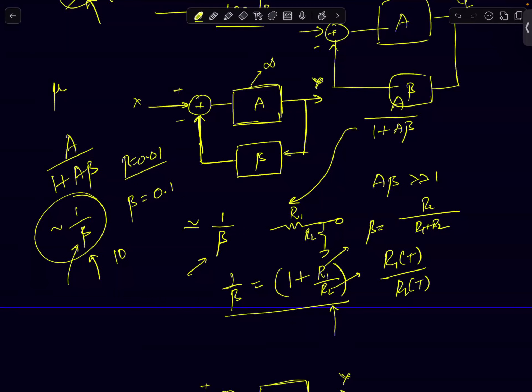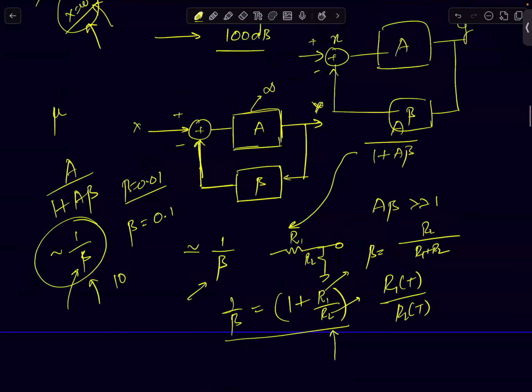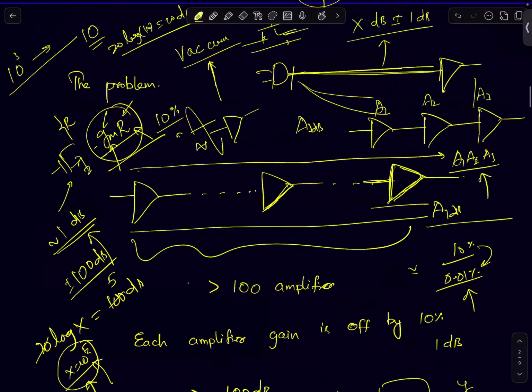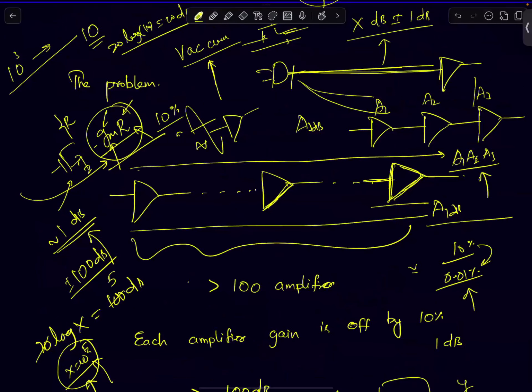That was his idea. He said, if I take an open loop amplifier, I have to rely on a gain which is process dependent, which is GM times R, and GM depends upon the device physics, and the resistor is a different device, so your gain is now a function of two different devices. Therefore, it's prone to process variations.